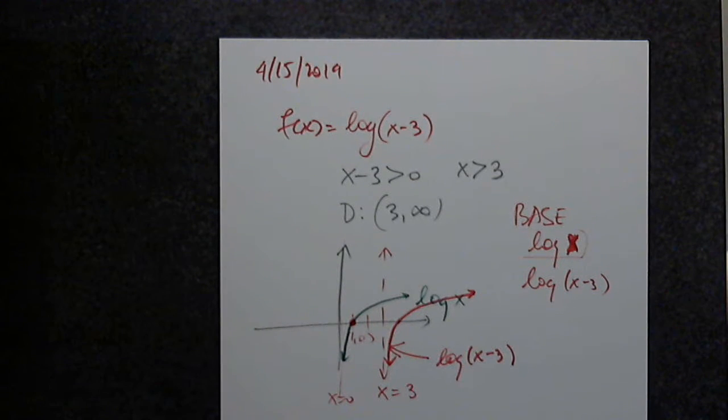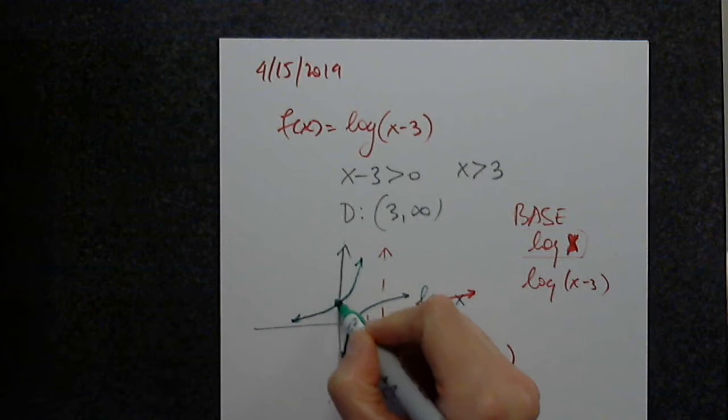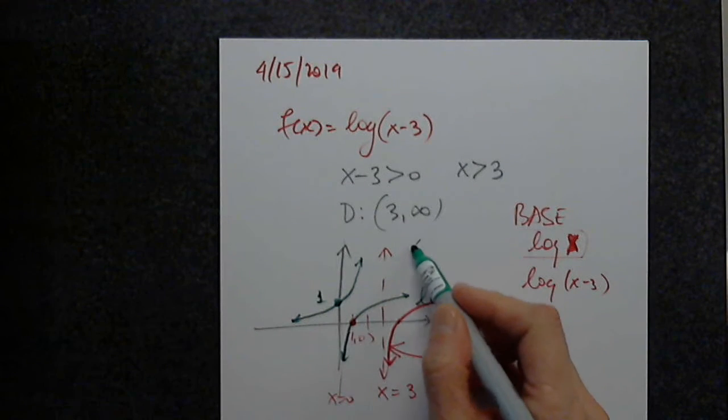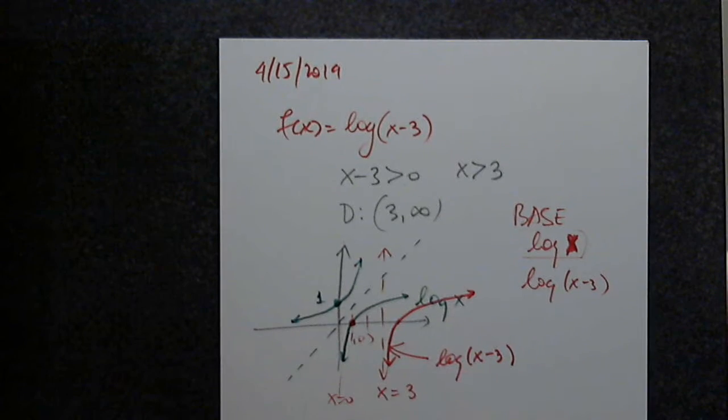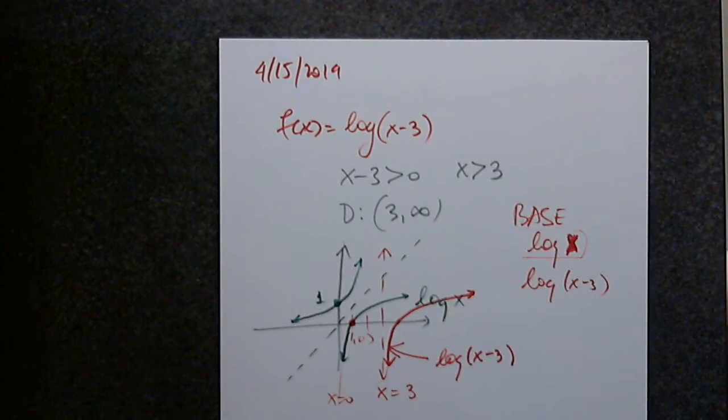So if it's in the exponential form, it's just reversed. So this is the exponential function crossing at 1, and if you remember, these two are inverses of each other. They are symmetric with respect to y equals x.